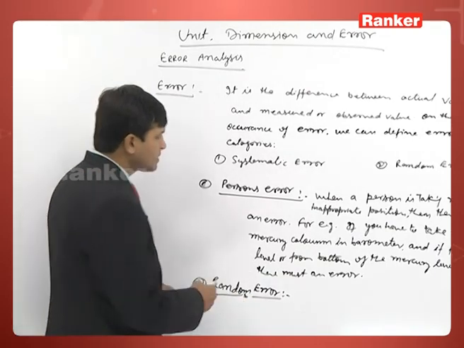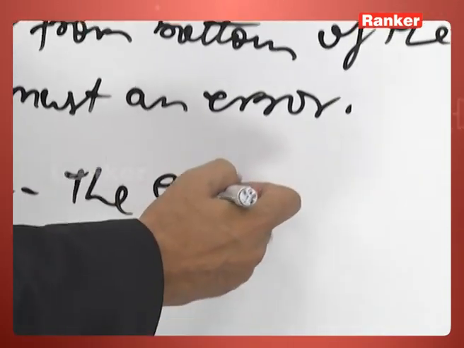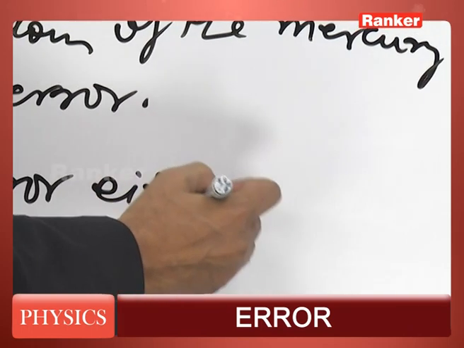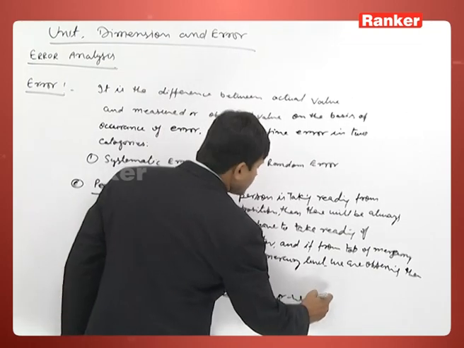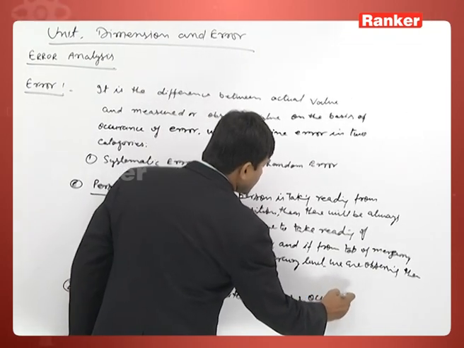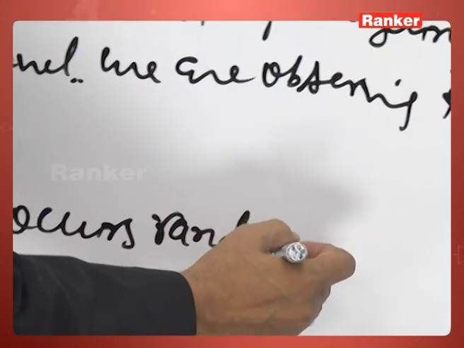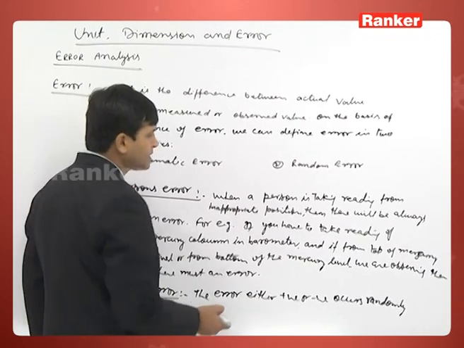So, the error, either positive or negative, occurs randomly.